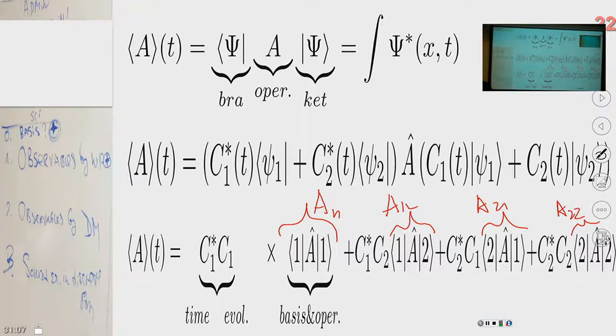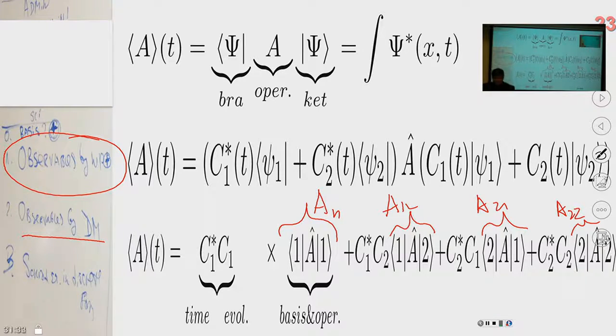Good? So we covered how to cast observables by wave function. There is an alternative way to cast observables by density matrix, which we covered in the past. I will try to jump through it as quickly as possible, because it is auxiliary information.